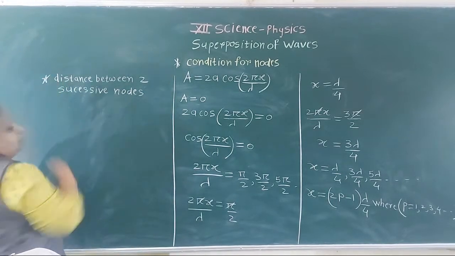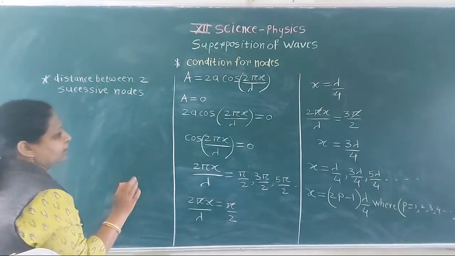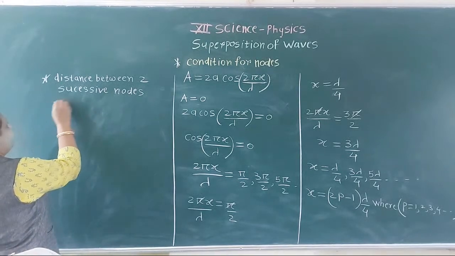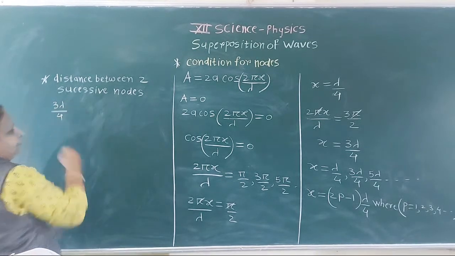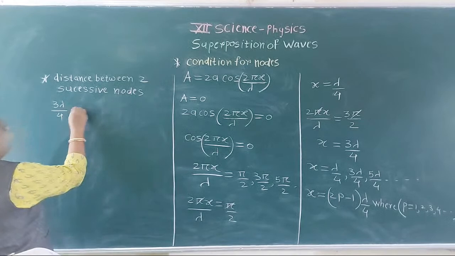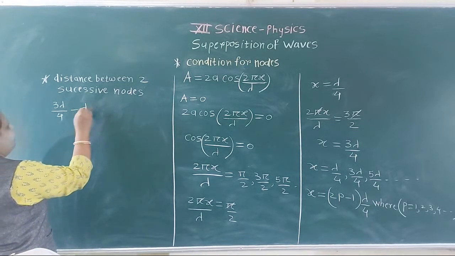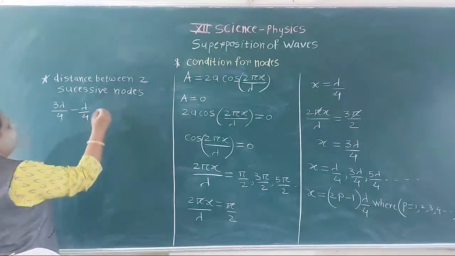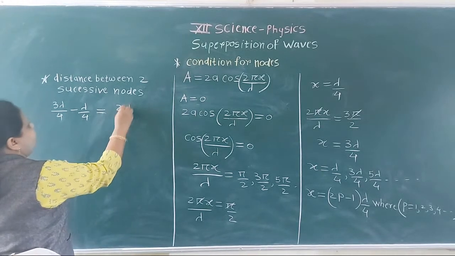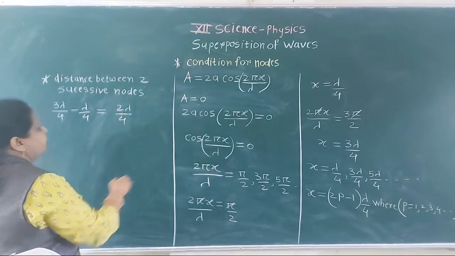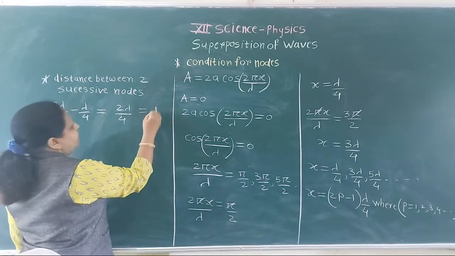Let us calculate. First we consider 3 lambda by 4 minus lambda by 4, which is equal to 2 lambda by 4, which becomes lambda by 2.